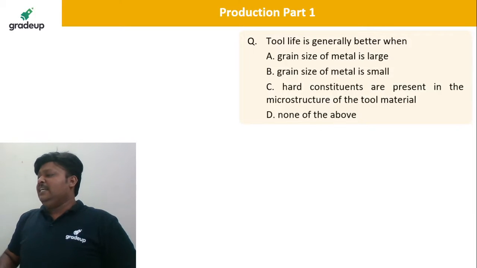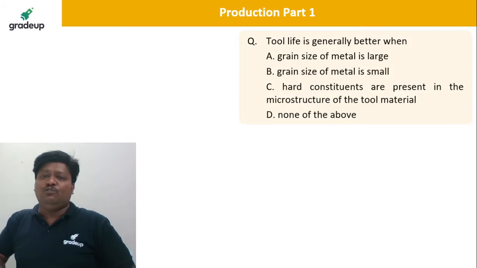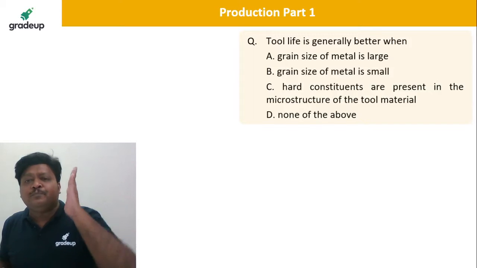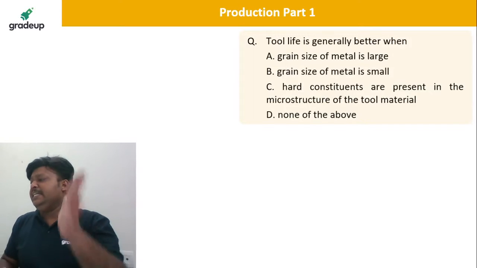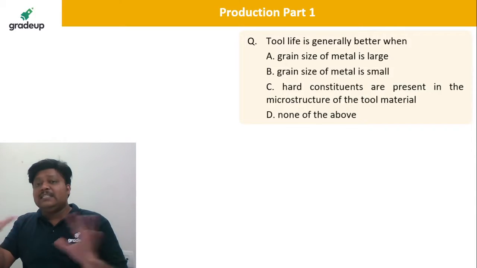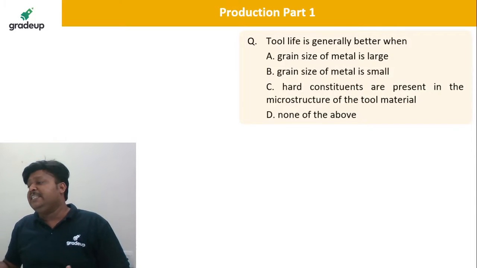Tool life is generally better when the workpiece has a large grain size. I hope it is clear. Large grain size results in good ductility, which results in good formability, which results in good cutting and less forces.